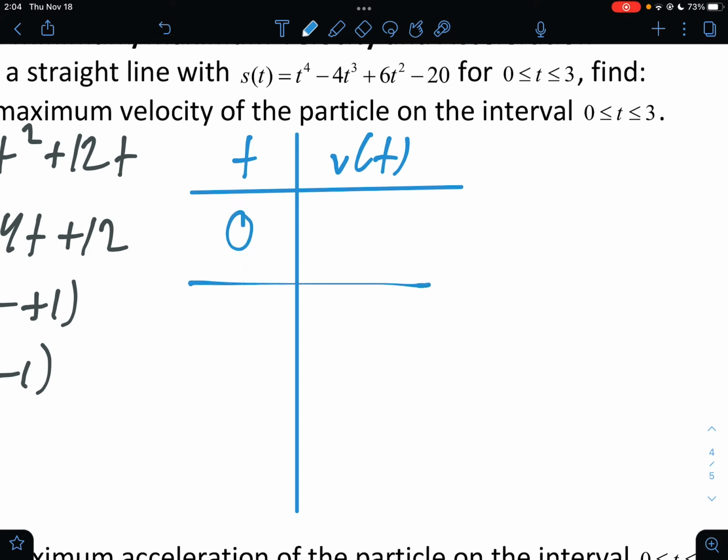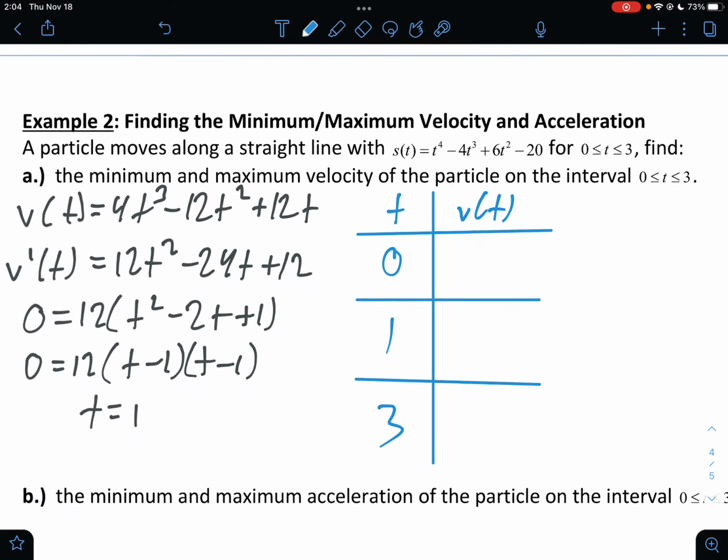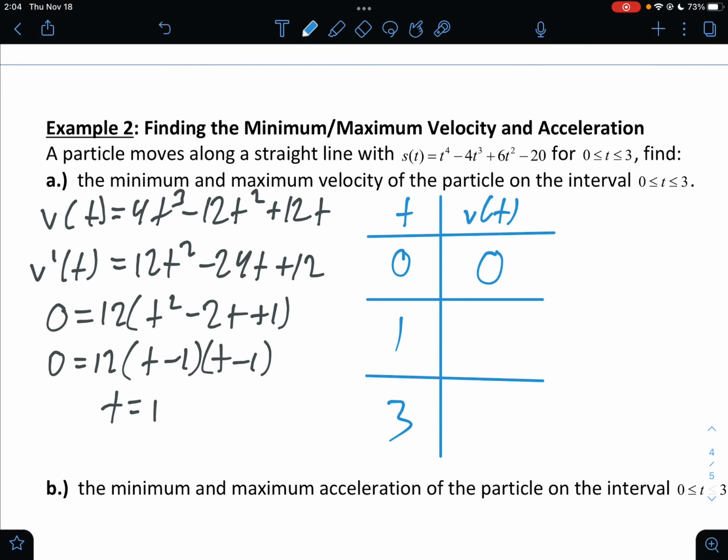0, 1, and 3. And we put those in. The velocity at 0 is 0. The velocity at 1 would be 4 minus 12 plus 12, or 4. And the velocity at 3, if you put 3 into the velocity function, you would get back 36. Pretty obvious here: minimum value, maximum value. So those are our answers.